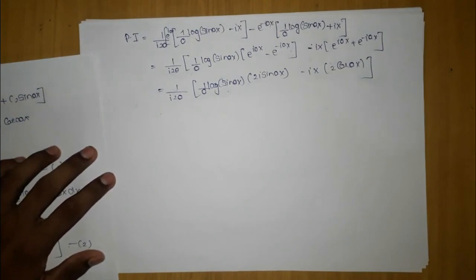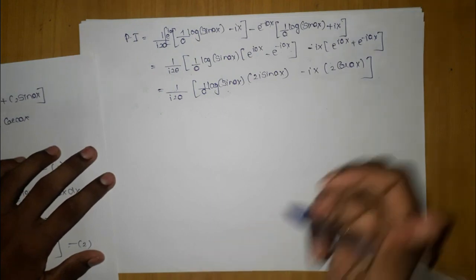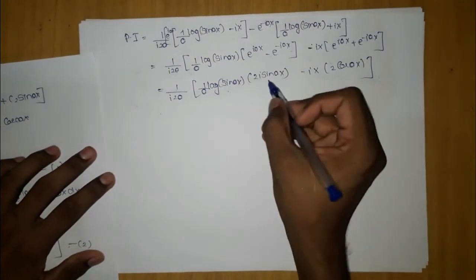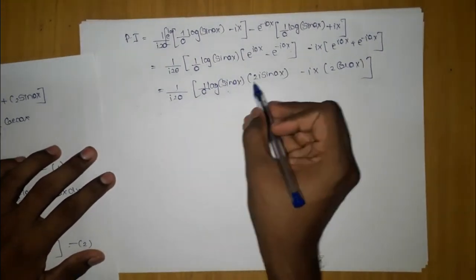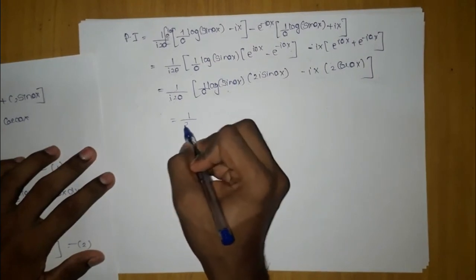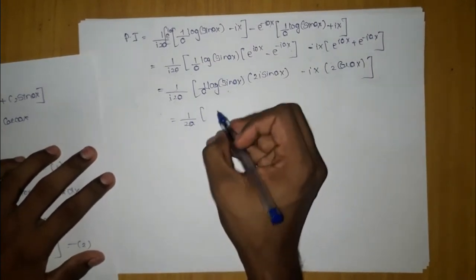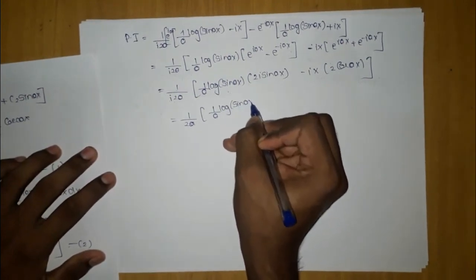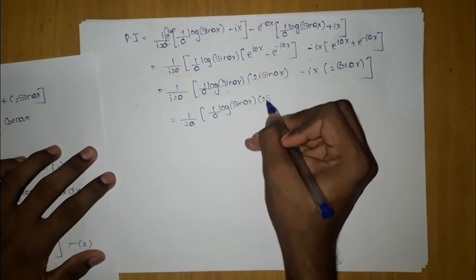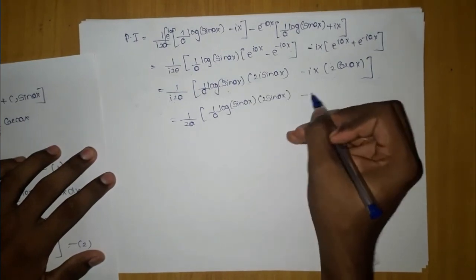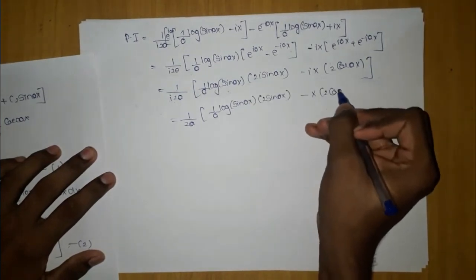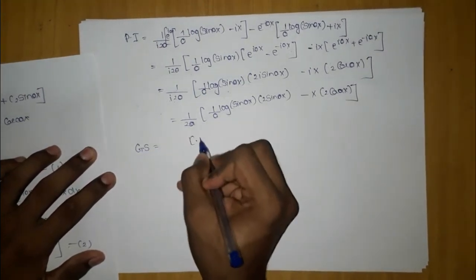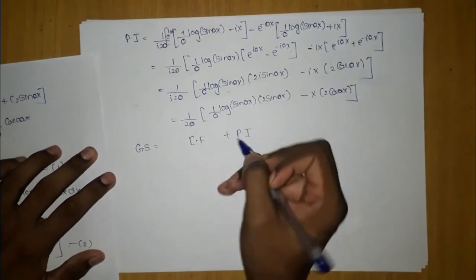Now what we are going to do is write the things. Now this i will cancel out, which will give me 1 by 2a, 1 by a log sin ax into 2 sin ax, i will get cancelled out, minus x 2 cos ax. Now the general solution is a combination of complementary function plus particular integral, right?